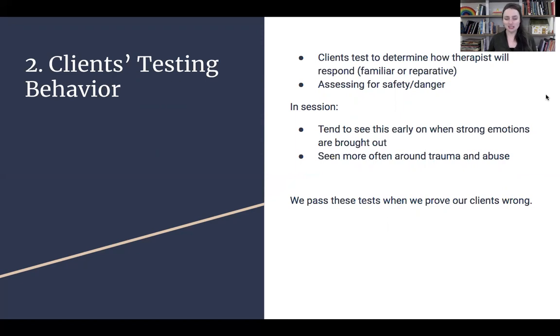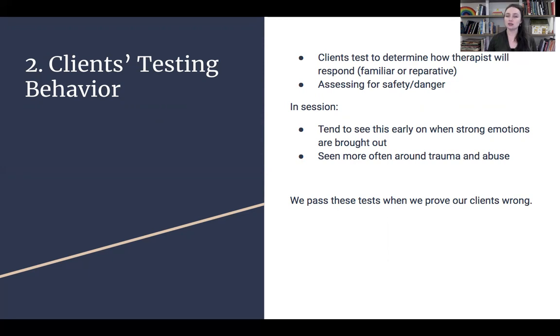So clients will test us. They'll test us to see how we're going to respond to them. Can we handle them? Will we respond in a familiar way, a way they're used to seeing others respond to them? Or will it be reparative and they can trust us? So what they're doing here is assessing for safety or danger. And when we remember that it's about safety and danger, that can help us come from a really compassionate place with our clients.